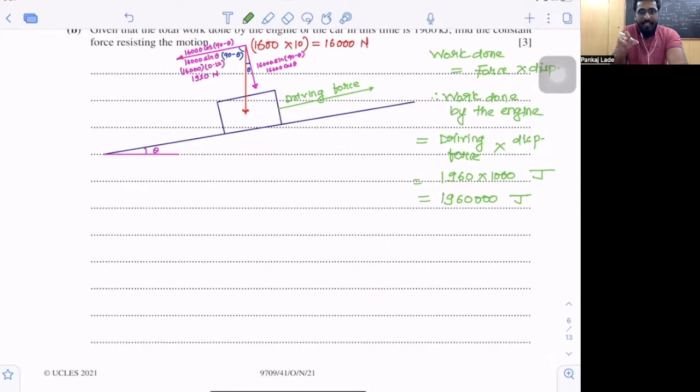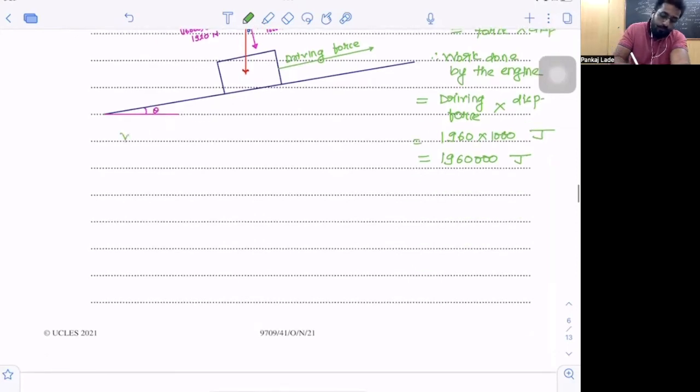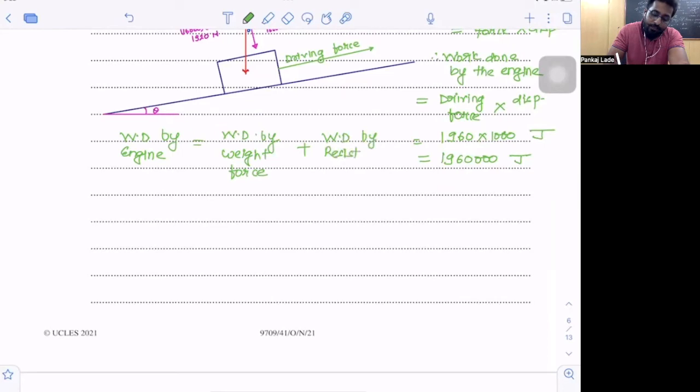This work done by the engine should become equal to the work done by the weight force, plus the work done by the resistive force, the frictional force, isn't it?